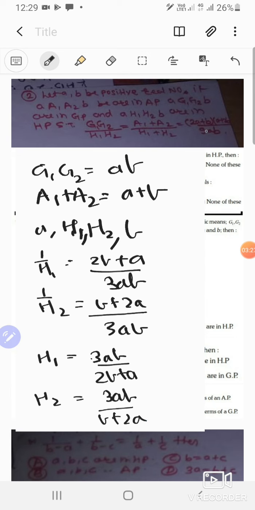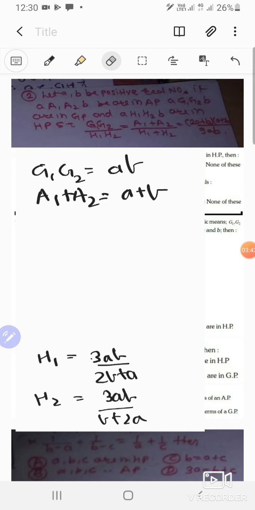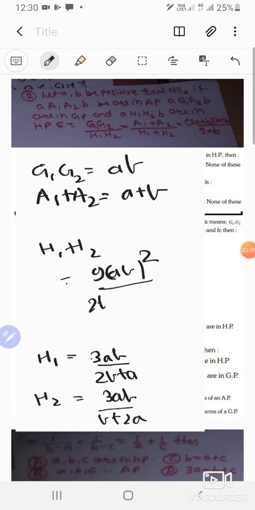So yeah, we have to prove that this thing is equal to that thing, and this thing is also equal to that thing. Now we have got these values. So g1 g2 upon h1 h2, what will that turn out to be? h1 h2 is going to be equal to (3ab) whole squared upon (2b plus a)(2a plus b).